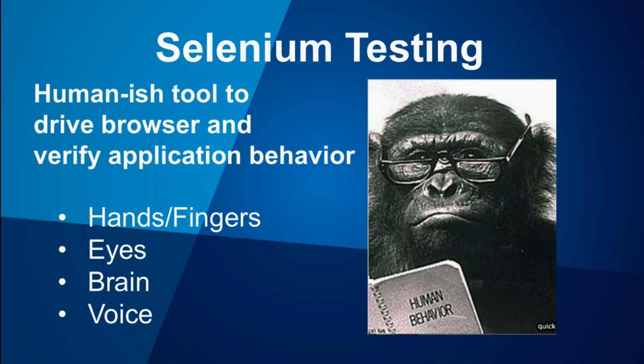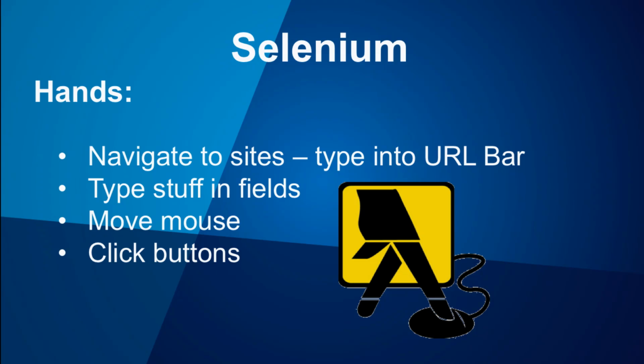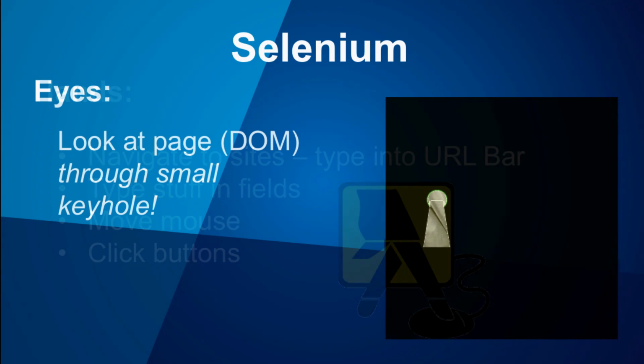With Selenium testing, you have basically a way of acting like a user, but maybe not quite as smart, so you have to give it some instructions. It does all the things that a user would do. And like with the hands, it moves around the site, moves the mouse, types things in.